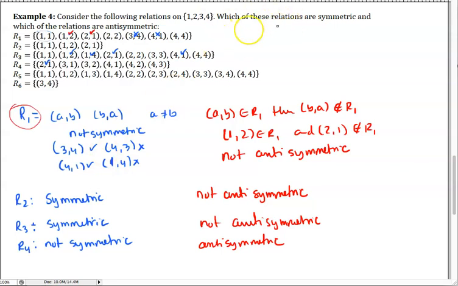There isn't one here, but a relation where you have just the doubles, like something like 1, 1, 2, 2, 3, 3, would be both symmetric and anti-symmetric.